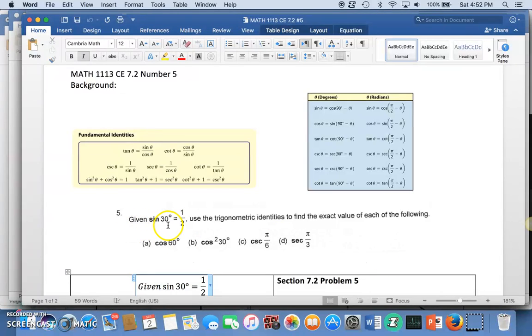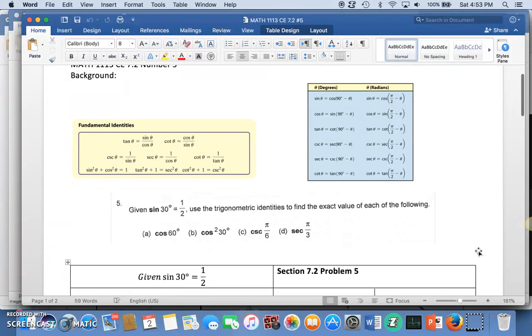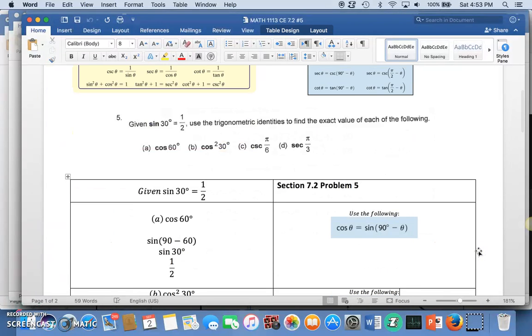You're given that sine of 30 degrees is 1/2 and use the trigonometric identities to find the exact value of each of the following. Okay, if sine is 30 and you want the cosine of 60.